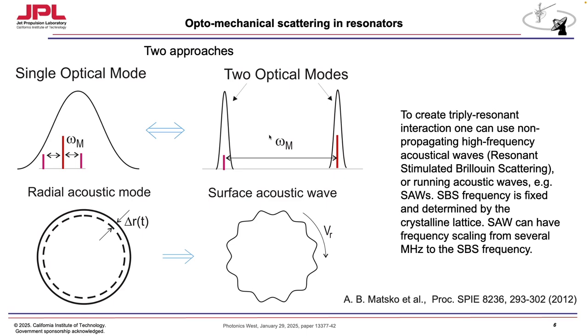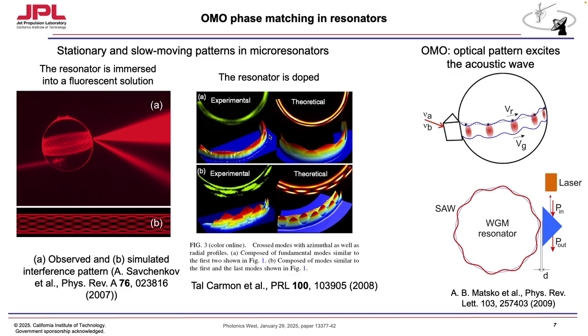So we tried to do it using surface acoustic waves, because those waves allow very high frequencies and linear dispersion. In addition, to achieve phase matching in this configuration, we took advantage of the possibility of making nearly stationary patterns of modes in a microcavity.